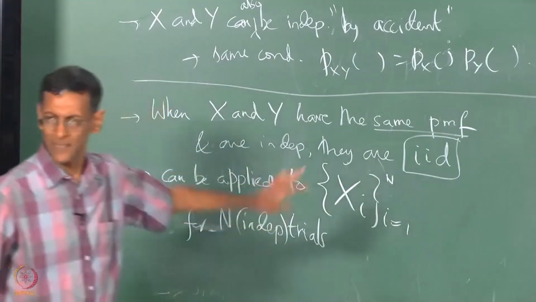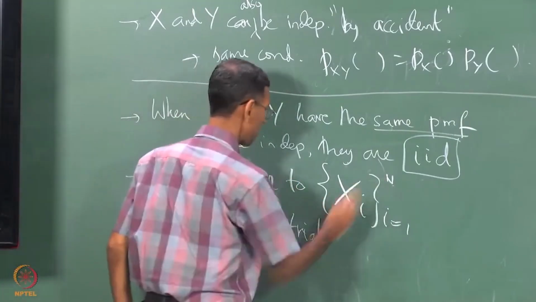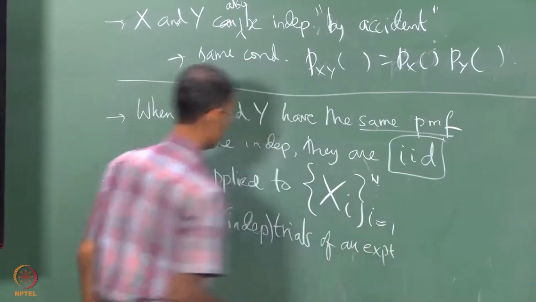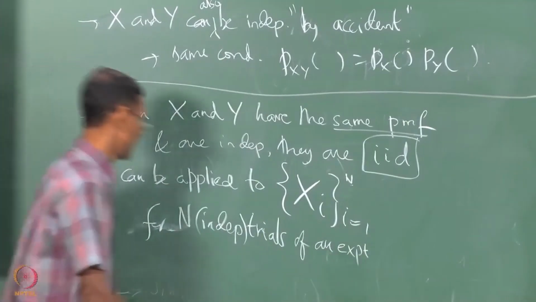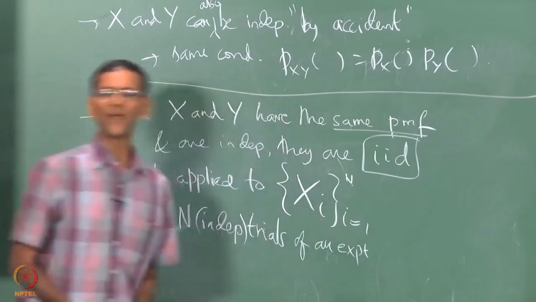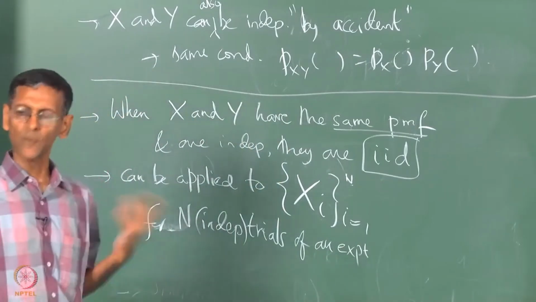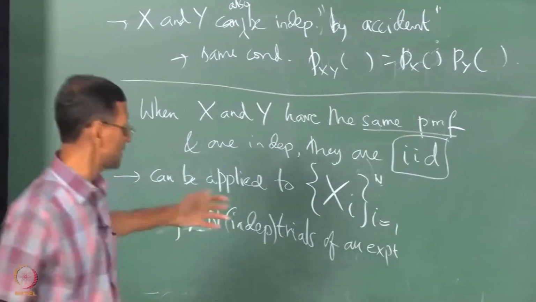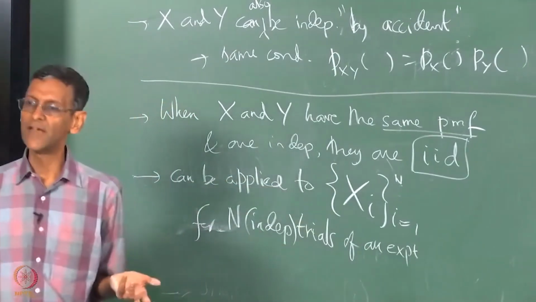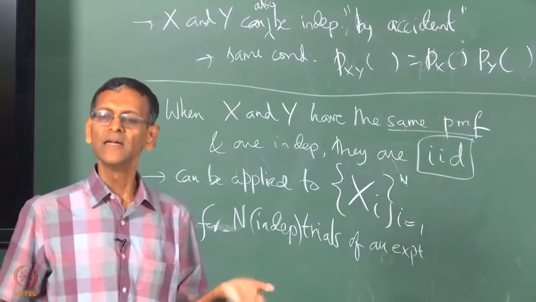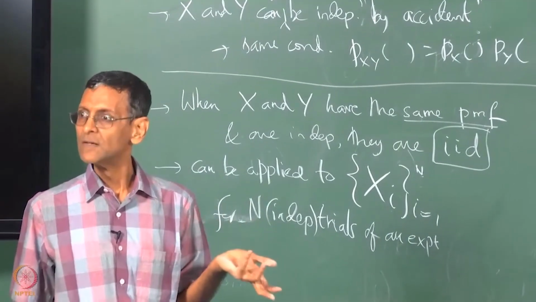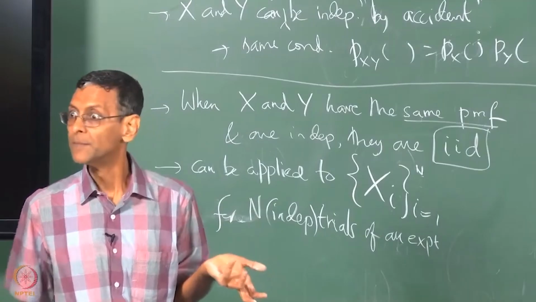Let us leave this as n, uppercase. So if you have n independent trials of the same experiment, obviously the xi's have to be identically distributed. If each of the xi's measures the same quantity at each trial, obviously you have IID.